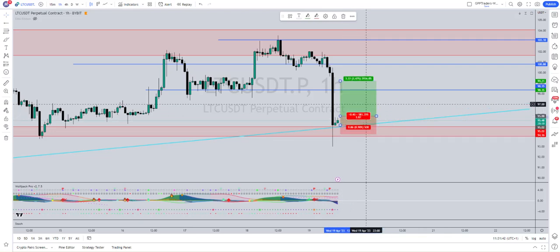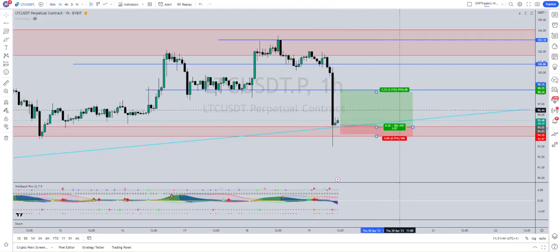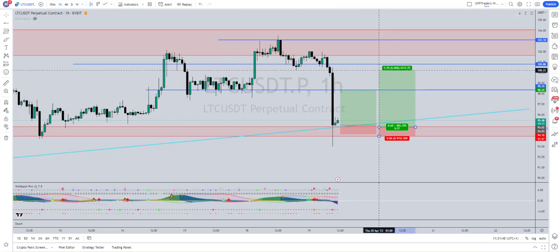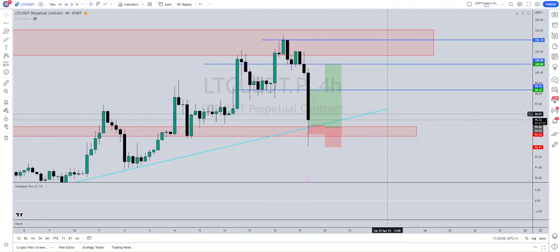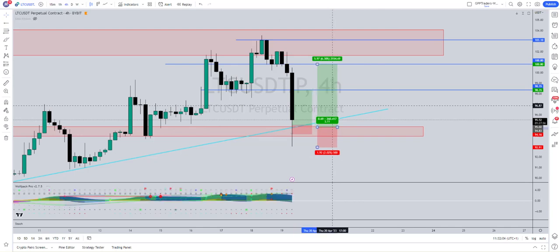So before I do, I just want to make sure that we have this for our future update video, and then see how price has played out. So let's just put it up to here, stop loss, and target a 3 to 1 ratio, because it is the 4-hour time frame that we are actually looking for. That to me is still a bit tight from a stop loss perspective, but we'll see.